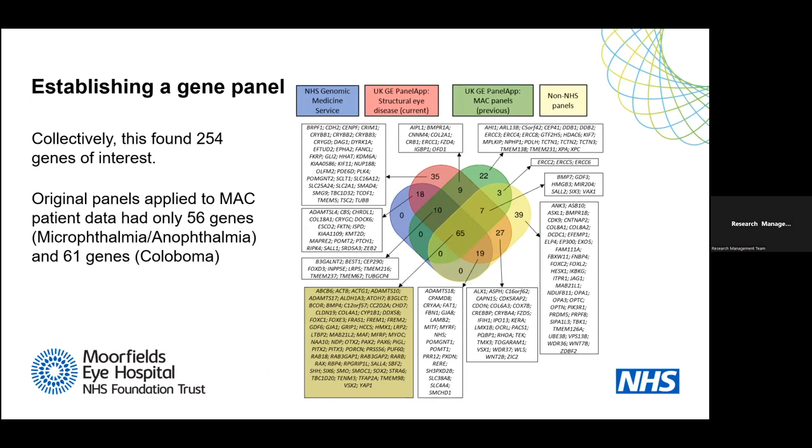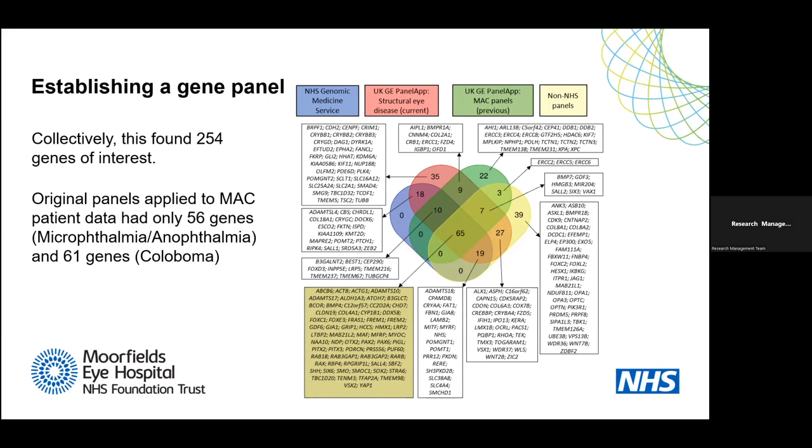There's the panels that were applied at the point of the variant analysis for the patients who took part in the 100,000 Genomes study. And then I also looked at wider panels, including the Australian PanelApp and other labs such as Invitae and Blueprint Genetics, to get this really wide collective panel of genes.